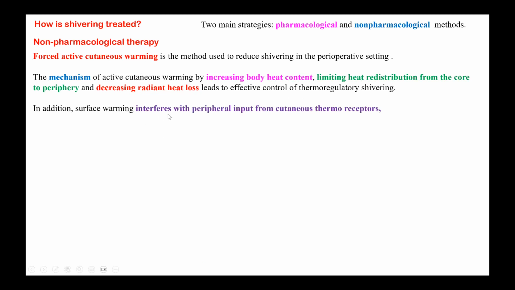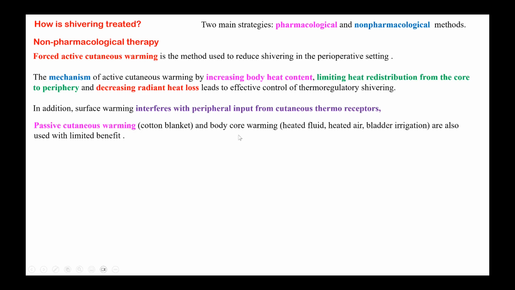And the surface warming interferes with peripheral input from cutaneous thermoreceptors, because once the surface becomes cold, that is the trigger to stimulate the hypothalamus, which then sends the motor response to the spinal motor neurons. So when the skin becomes normothermic, the cutaneous afferent impulses are not there, and that is another mechanism by which it works.